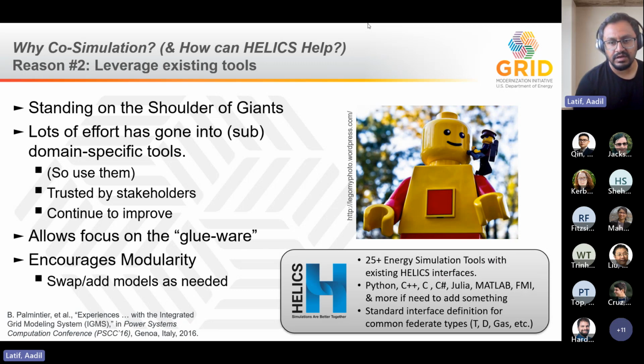Some of these tools have very different types of solvers embedded in them, and you won't be able to simulate all of these subdomains using a single solver, which is what a monolithic approach would be. Whereas if you reuse the tools that already exist with the solvers that are already embedded in them, it makes it easier to reach convergence and make sense of results, right?